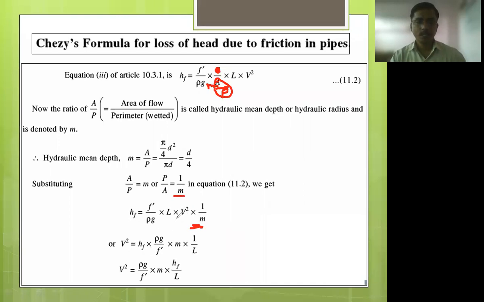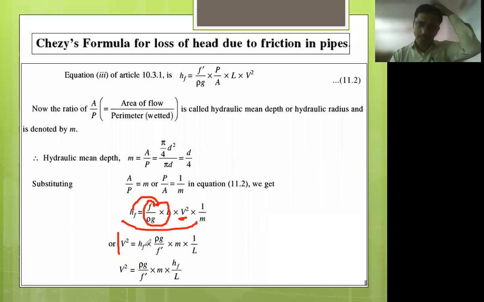HF is equal to... then I have taken this v square here and HF here. Then I will get this equation like this: v square is equal to HF. Consider that we keep this v square here, and the remaining part we take over there. Then this equation can be written as v square is equal to hf into rho g upon f dash into m into 1 upon l.